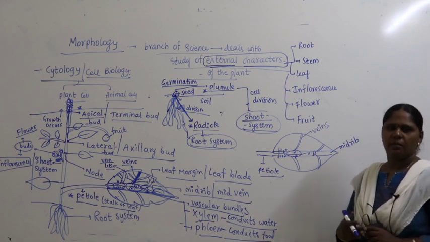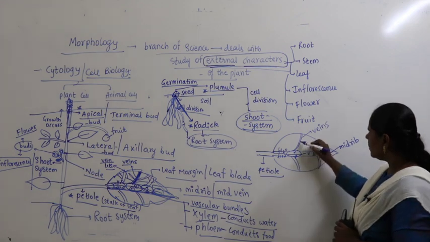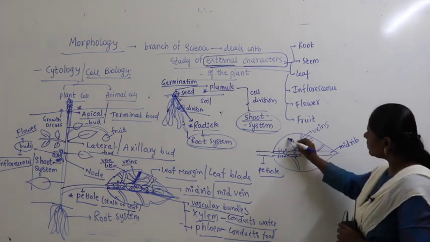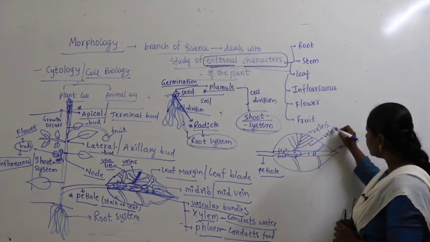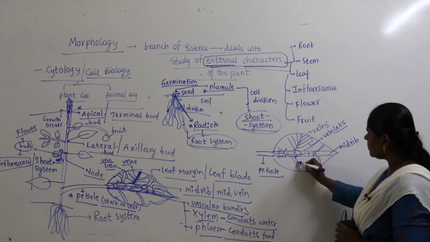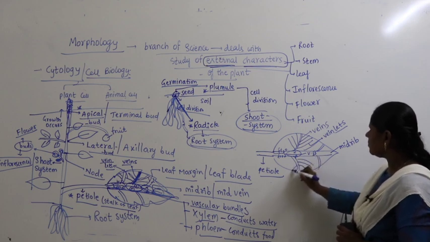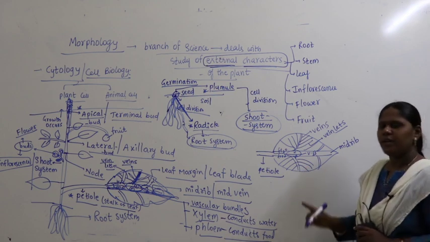Veins are further divided into some small fine structures, like this. And these are called veinlets.